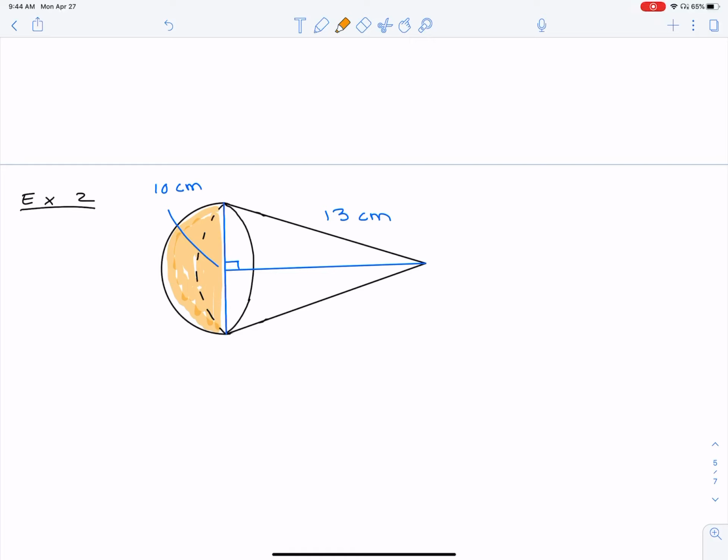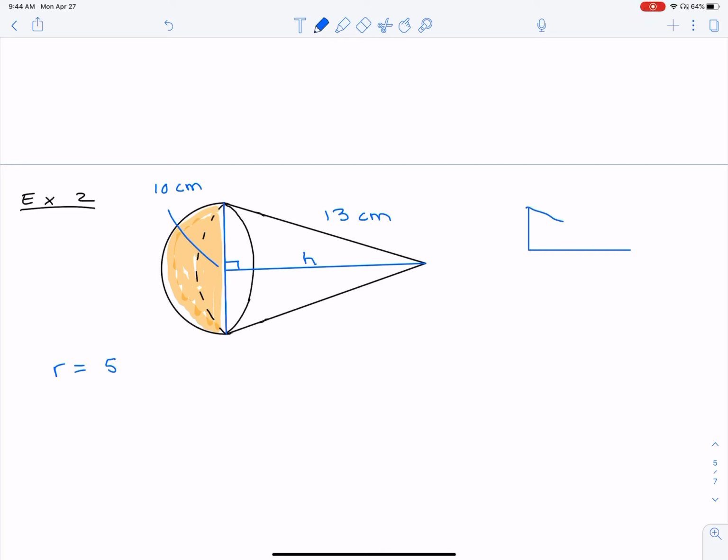So how do we do that? Well, let's identify a couple things that we need to know. For both of these pieces, I'm going to need to know the radius. Since the diameter is 10, the radius is 5. Because we have a cone, we're also going to need to know the height. So again, we have a right triangle. I'll just draw it here.